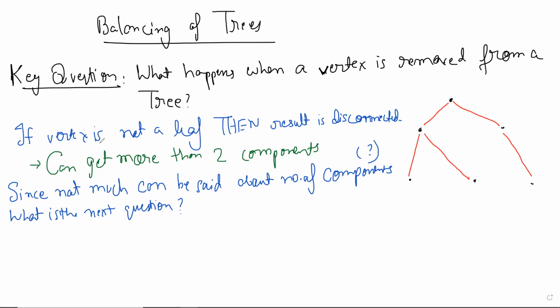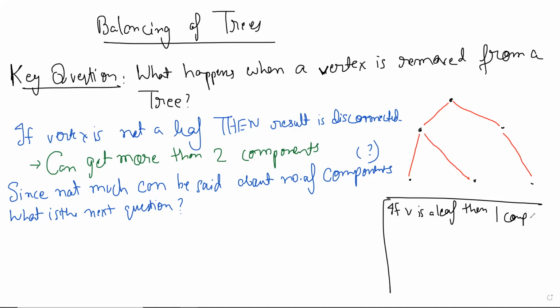Because here we said if a vertex is a leaf, meaning when the degree is 1, then we don't get a disconnected graph, right?